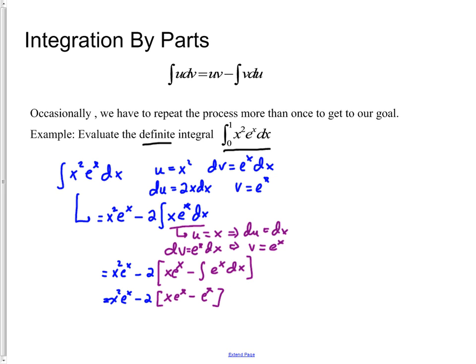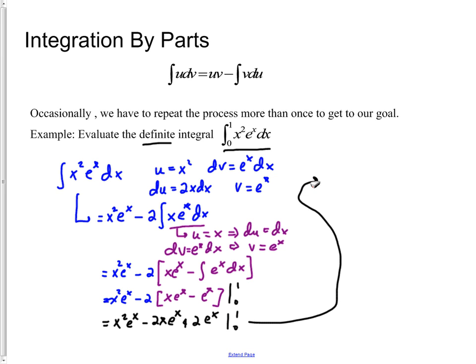But now we remember that we're evaluating this guy from 0 to 1. So let me simplify this a little bit because it'll be a little bit nicer to work with if we do. We're going to get x squared times e to the x minus 2x times e to the x, this time plus 2 times e to the x, and we're going to evaluate this from 0 to 1.